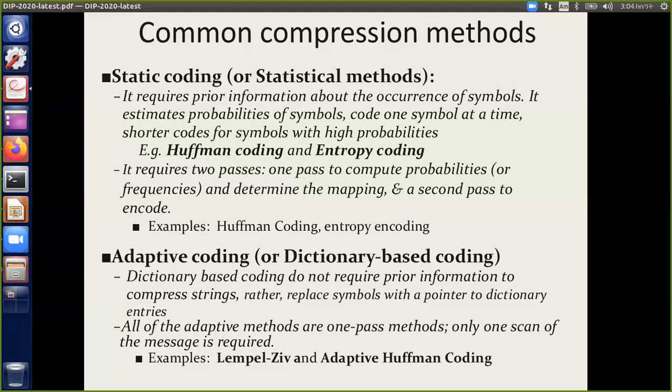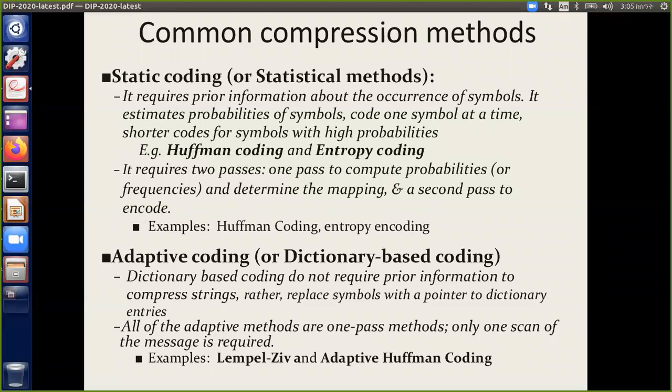For textual data, the probability of occurrence of every character or every word. For an image, it has to capture the probability of occurrence of every pixel. Then after gathering the information, compression will be done using methods like Huffman coding, entropy coding.